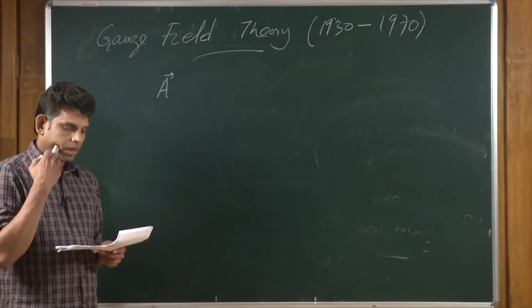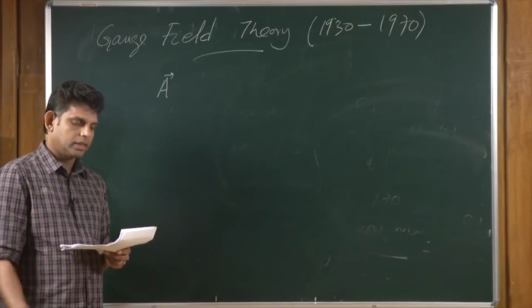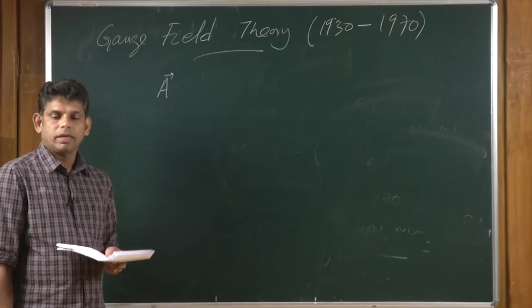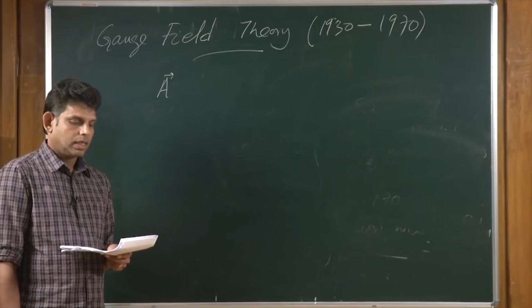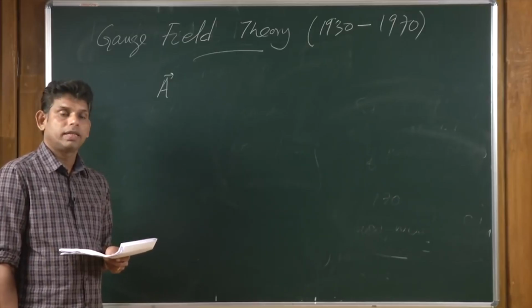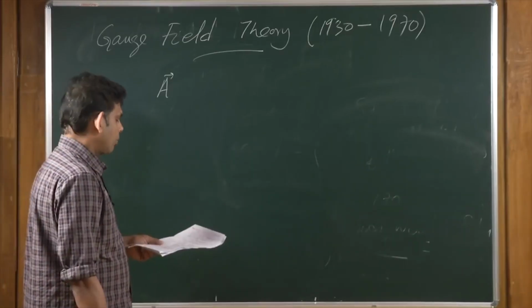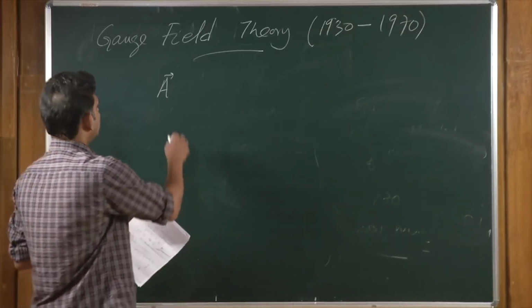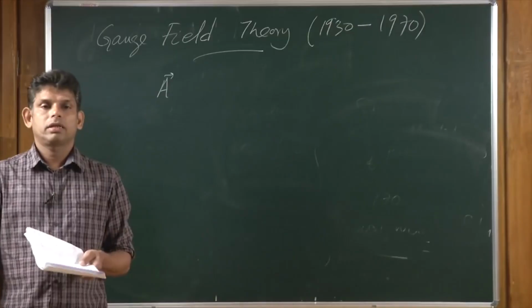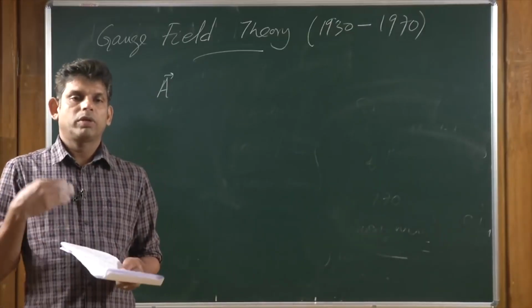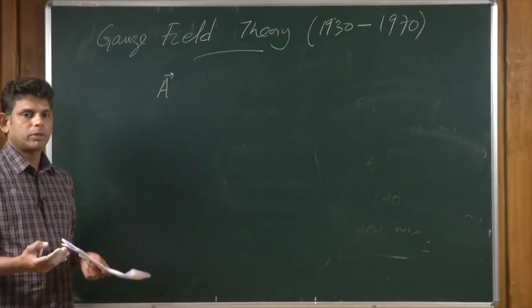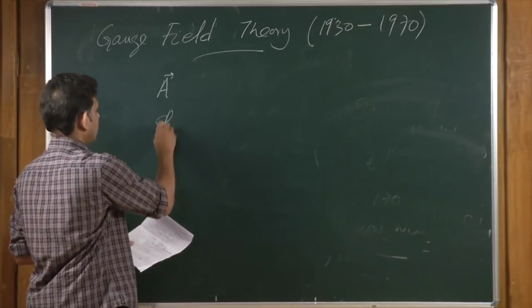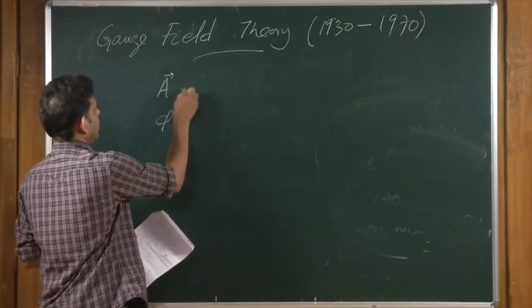A short description of this gauge symmetry, which dictates the gauge field theory, can be understood by looking at how the magnetic vector potential and the electrostatic potential together behave.